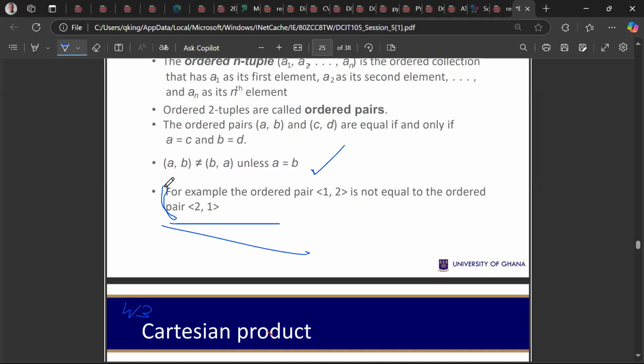The importance of order. And so swapping the elements creates a different what? Ordered pair, unless what? The elements are identical. That is when it will not affect it that much.